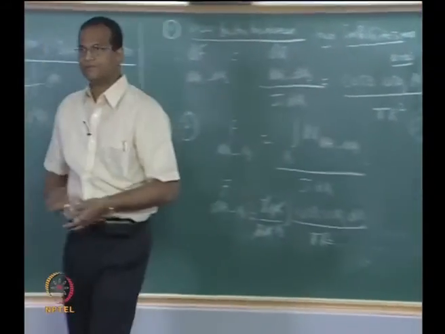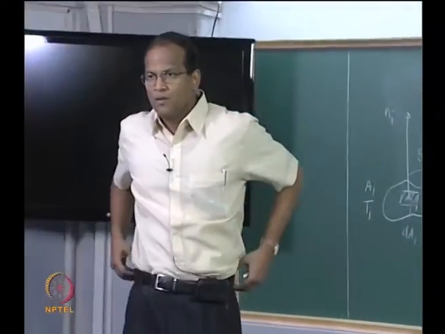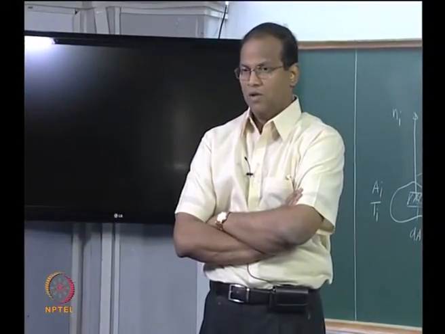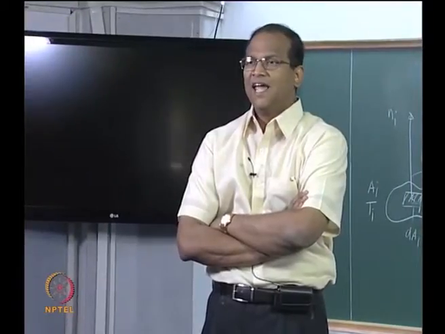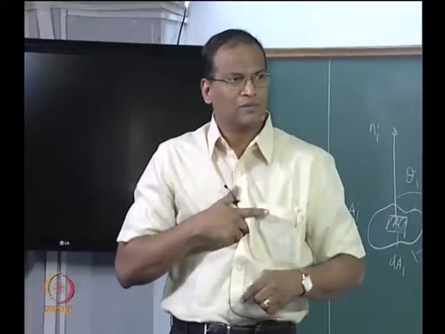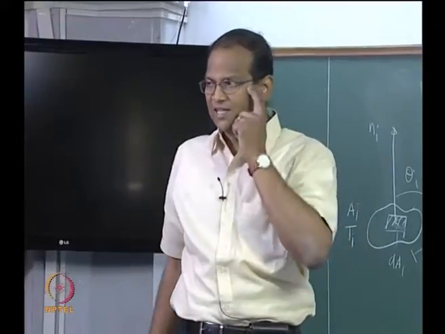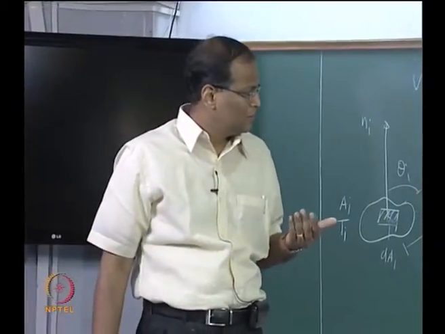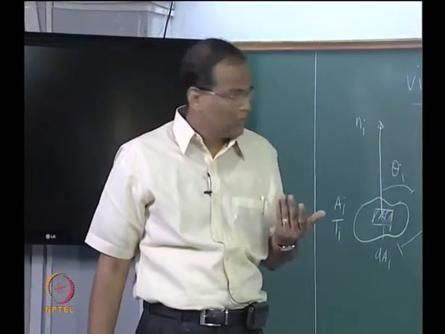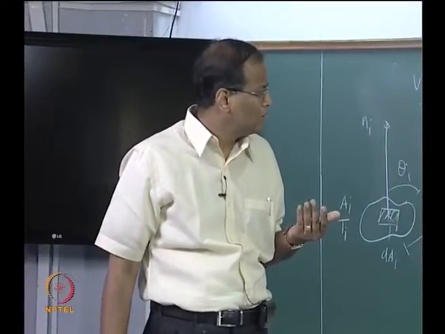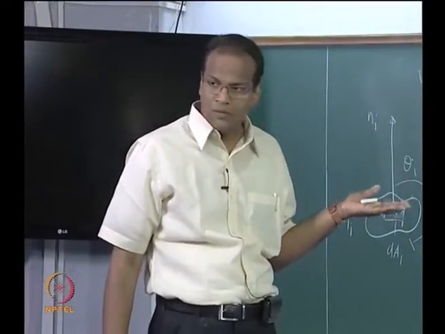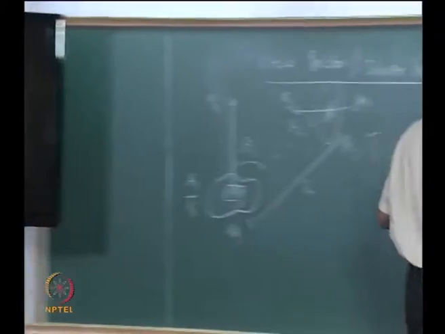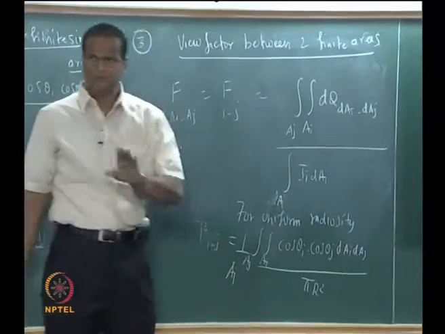Is that correct? There is a Ji in the denominator, there is a Ji in the numerator, so the Ji gets cancelled. Any problem? What is that? There is no integration. No. I don't get you. Integration is for the... Yeah, okay.